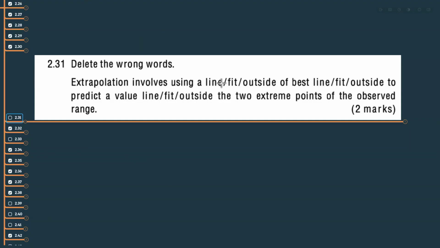A line of best fit. So we can cut this part, fit outside of. So it involves using a line of best fit, to predict a value outside the two extremes. So we can cut these words also, right?